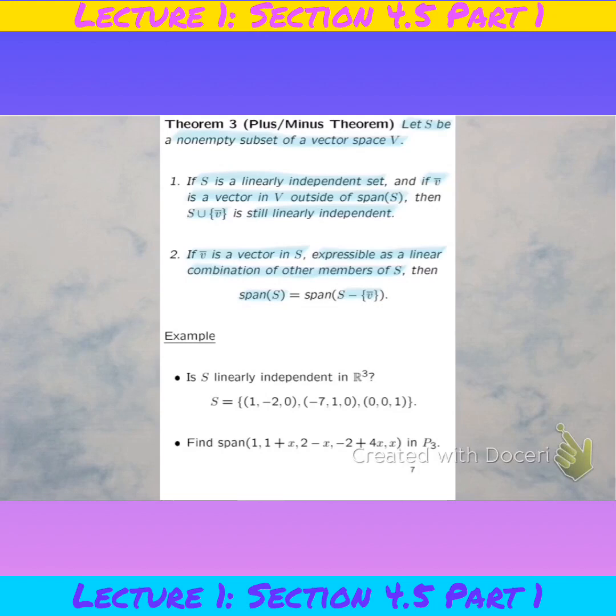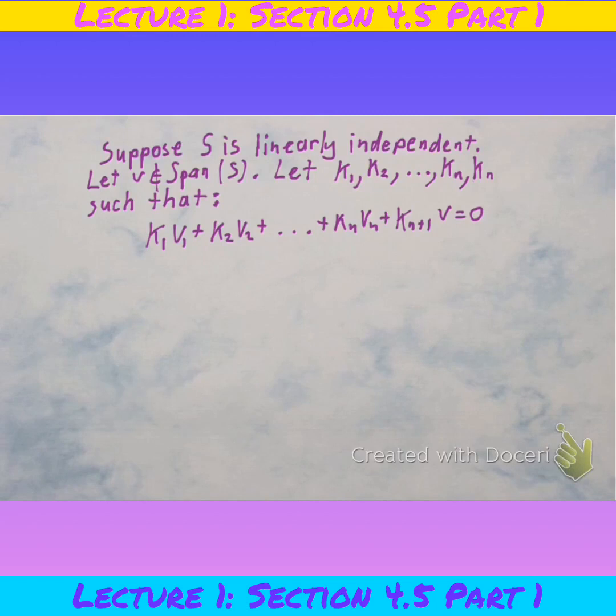All right, so let's quickly look at why that is the case. First assume S is a linearly independent set, and let's take a vector V that lies outside of the span of S. I didn't say this, but take note that S is a set of vectors V1 up until Vn.